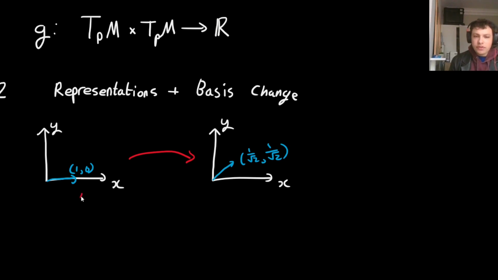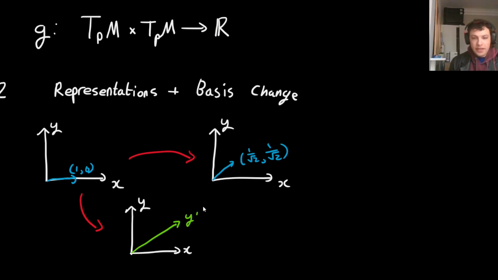But we could also define a new basis. We've got our old basis here, y and x, but then we define a new basis which is rotated 45 degrees clockwise from there.